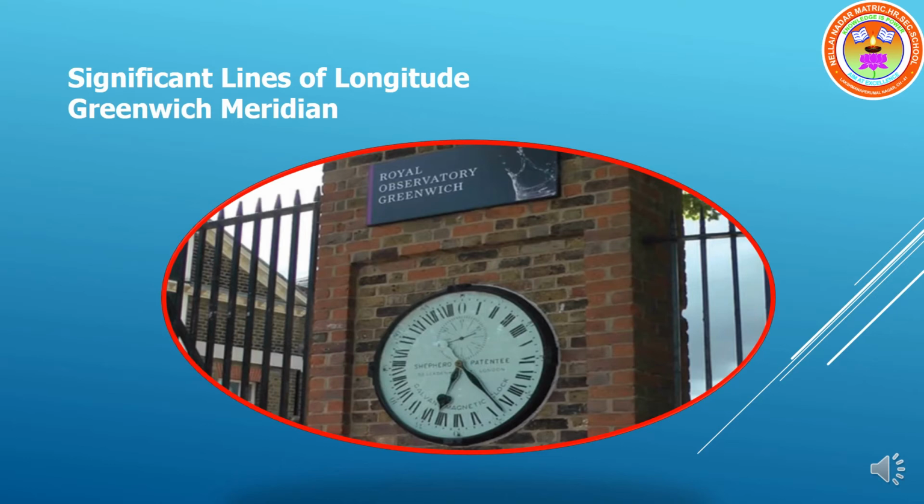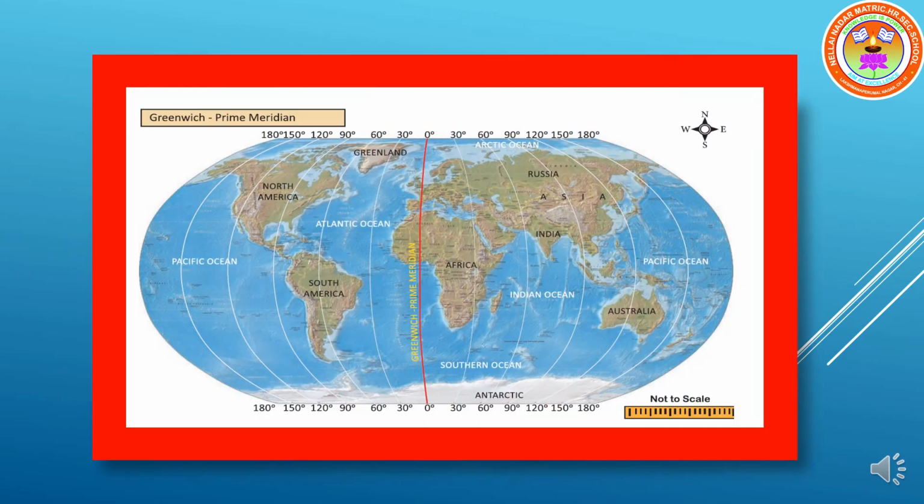This line of longitude is called the prime meridian and it is also known as the Greenwich meridian because it passes through Greenwich. Is it clear children? See children, this is the image of Greenwich or prime meridian. Okay, is it clear?